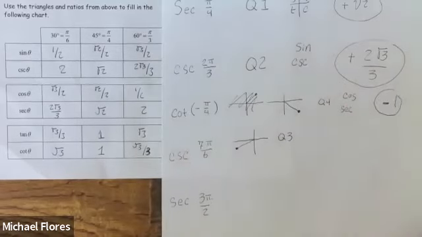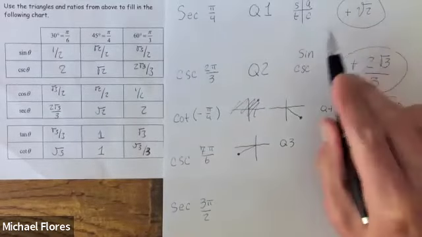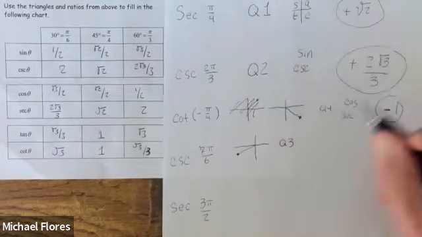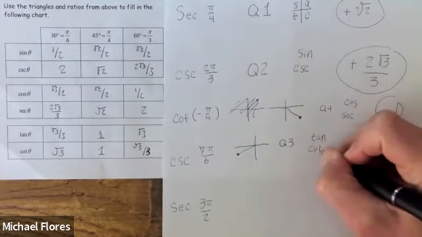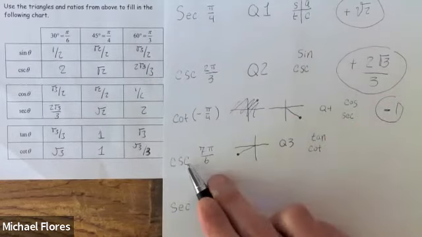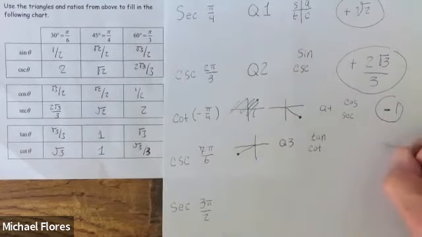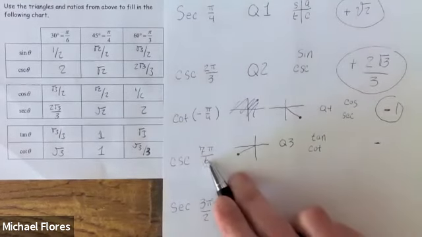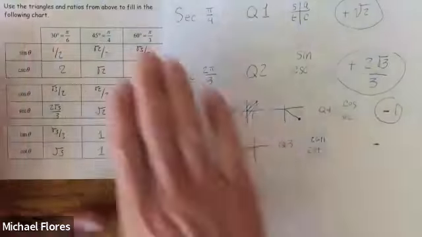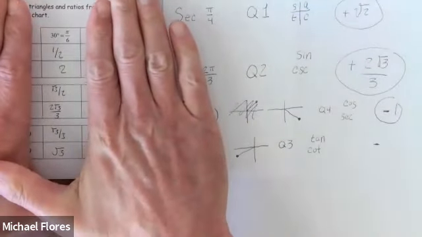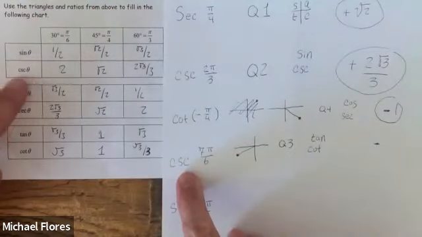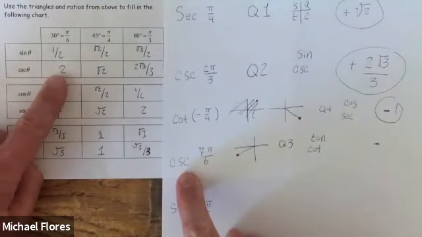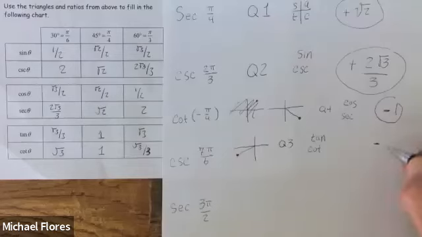The only thing that is positive in quadrant 3 is tangent and its reciprocal, cotangent. We're looking for cosecant. So our final answer is going to be negative here. Denominator is 6. So let's look at the pi over 6 family. We need to locate the cosecant value, which is here. Final answer, negative 2.